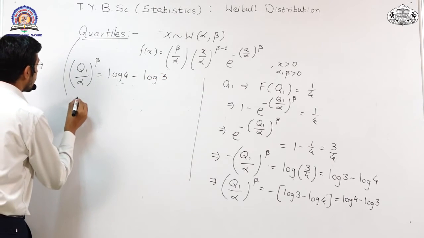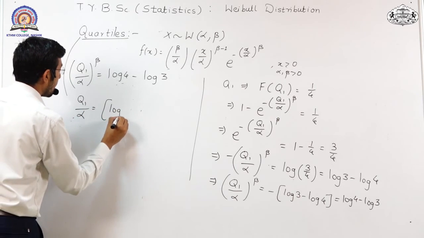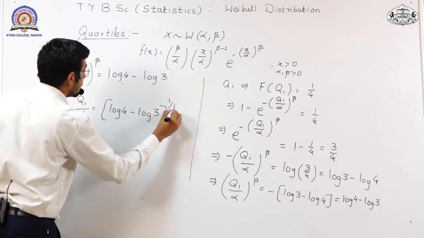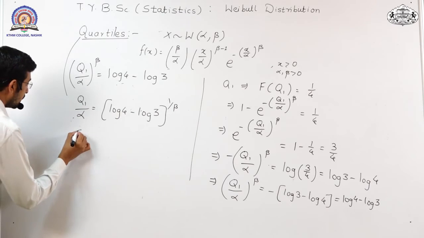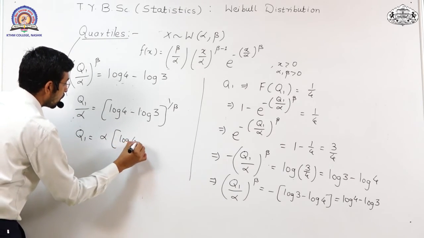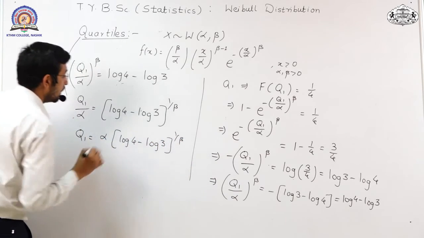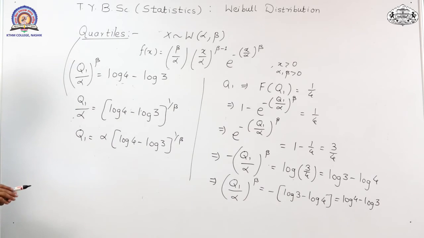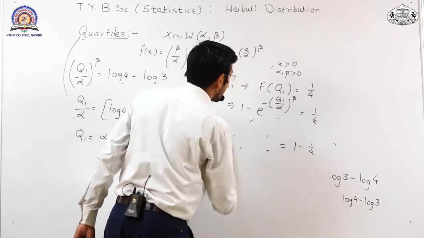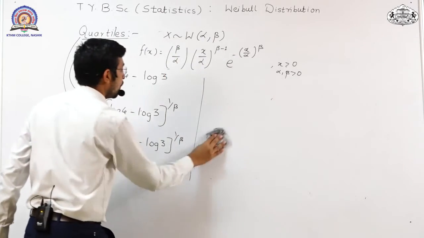That is, q1 upon alpha equal to (log 4 minus log 3) raised to 1 upon beta. That means q1 is equal to alpha into (log of 4 minus log 3) raised to 1 upon beta. This is the first quartile of Weibull distribution with parameters alpha and beta. Now further we want to solve the second quartile of this Weibull distribution.